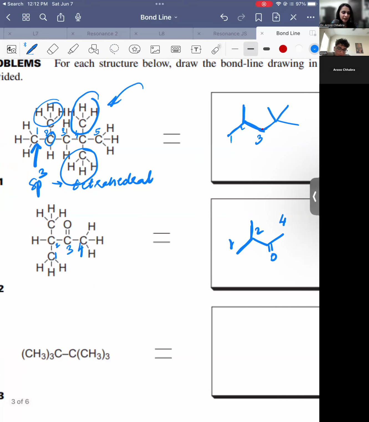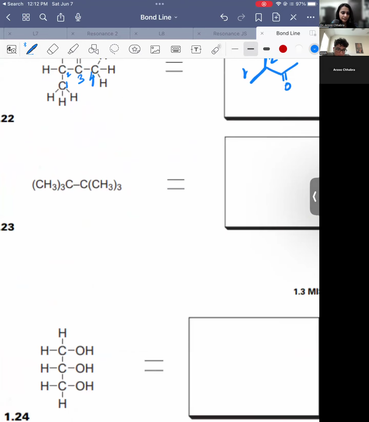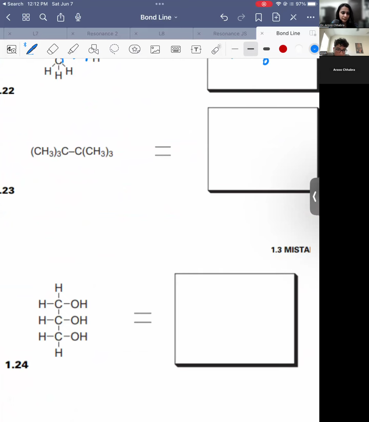And then actually, let's do 1,2,4. So this one you can again just draw the carbons. It looks like we can change the axis and just draw it horizontal to make it easier.